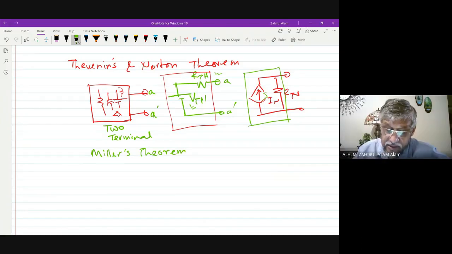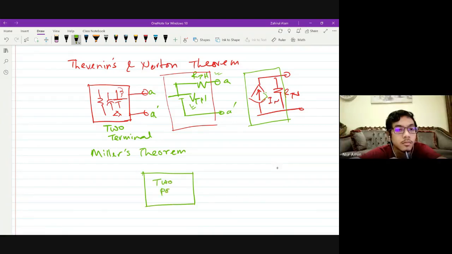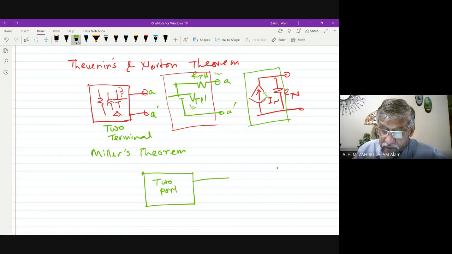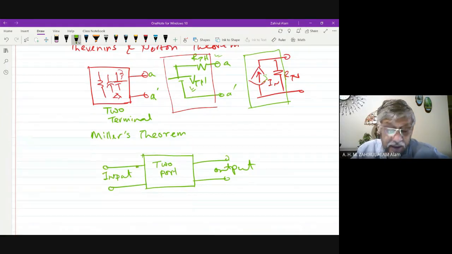What does this theorem state? This is a two-port network: one is input, and another is output.